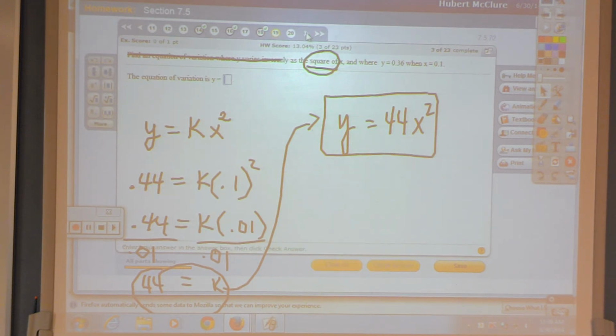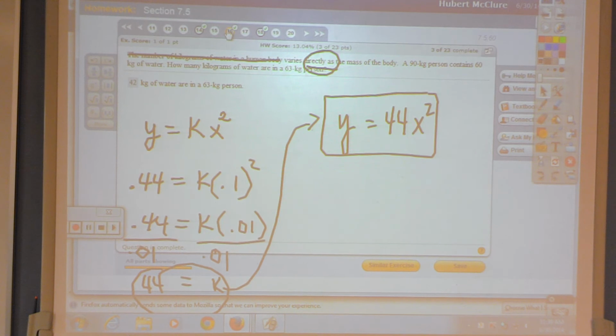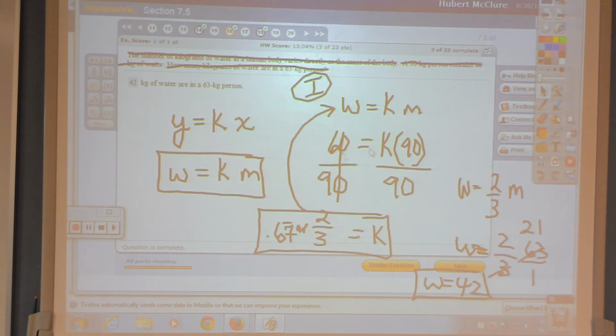Can I ask a question from that last problem? I thought that 90 would be that wide. You've got to plug and chug it in. So last time I put the 90 equals k over 60. That's how I got this 1.25 or something like that. Y is equal to k times x.